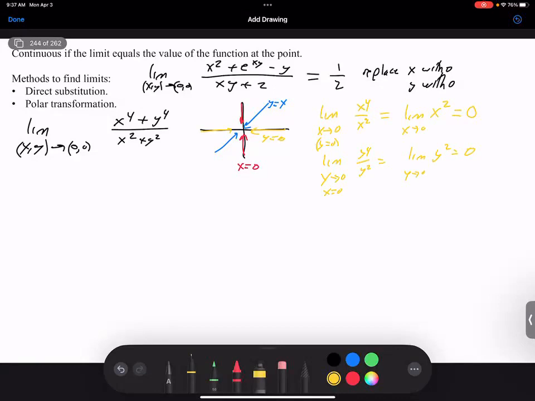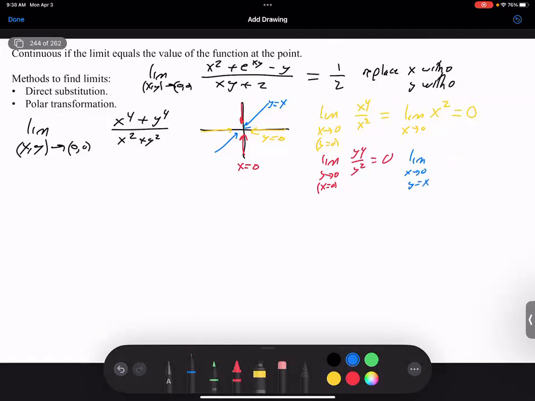If I try y equals x, what will I get? I think this should have all been in red, actually. What would I get if I tried y equals x? So this would be the limit as x goes to 0, y equals x.